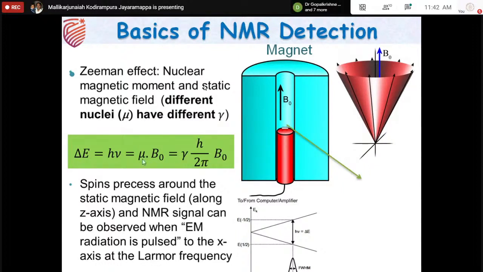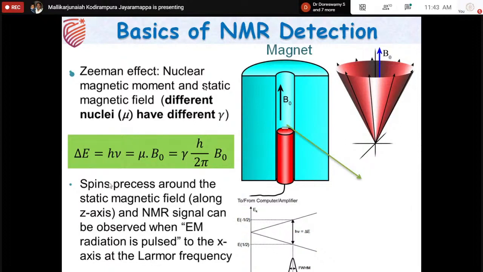Therefore, whatever the systems we consider, the relation is valid up to this point, but to exactly measure the energy difference, we need to consider which nucleus or element we are doing NMR on. For what element we are performing the NMR experiment, and what the corresponding energy should be, purely depends on the magnetogyric ratio. That's one of the bottom lines of this slide.